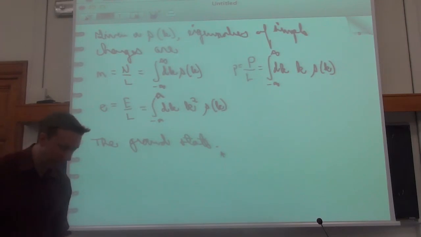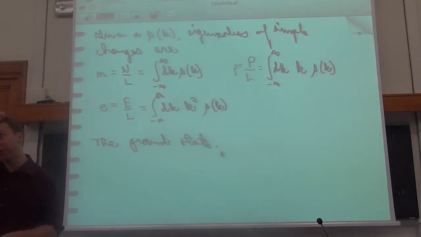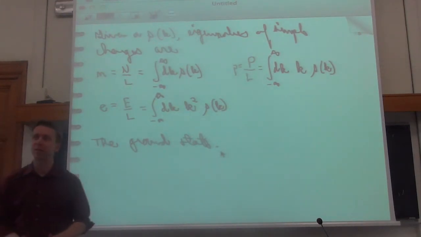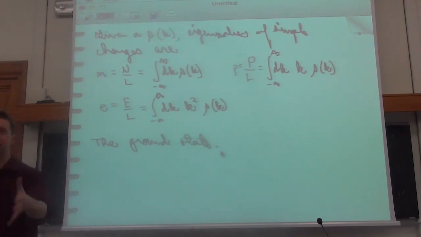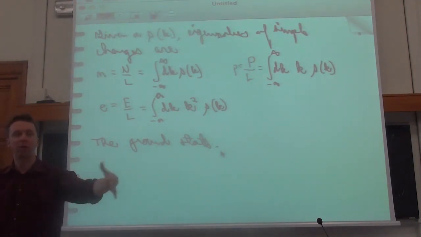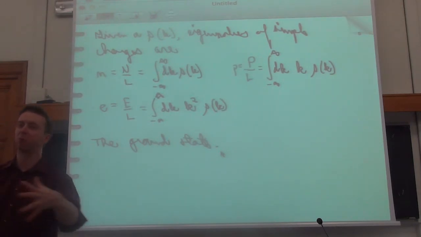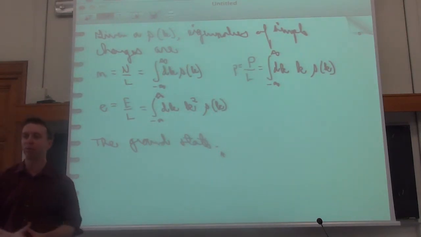If you think about it a little bit, the ground state, by definition, is the state with the lowest energy of all states in the Hilbert space. And how do you minimize the energy of the state in this functional language? Well, what you would like to do is essentially compactify rho of k as much as possible around k equal to 0.